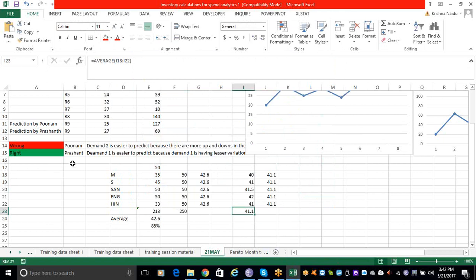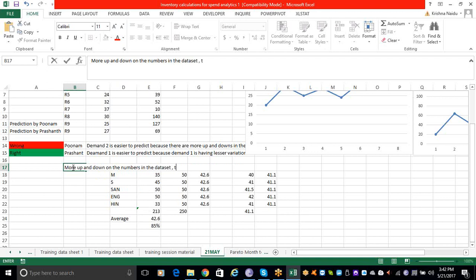So the more ups and downs in the numbers in the data set, the lesser is the predictability and the lesser is the certainty. And average won't work in such a scenario.